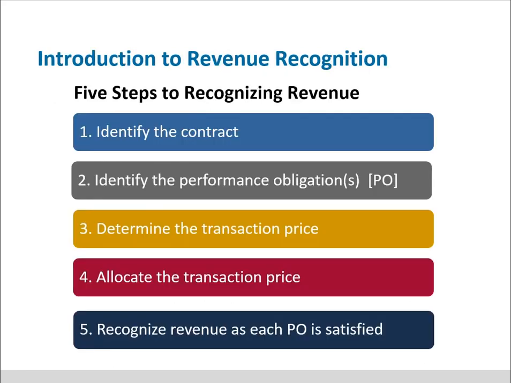Let's walk through the 5 key steps that we use to apply the revenue recognition principle. All revenue recognition starts with a contract between a seller and a customer. Those contracts contain one or more performance obligations. Performance obligations are promises by the seller to transfer goods or services to a customer.